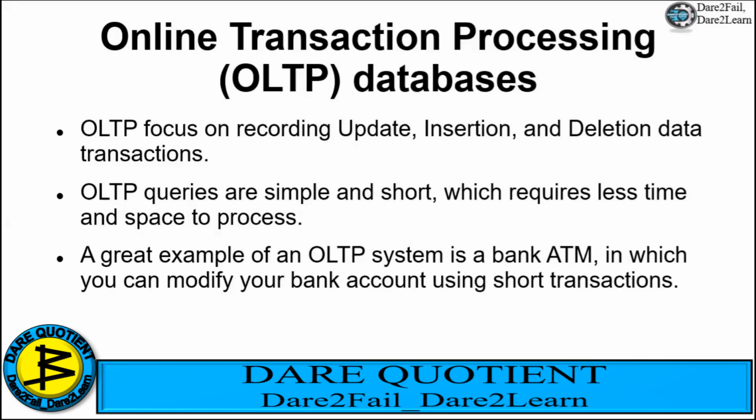So let's say you perform a transaction at location A. By the time you finish the transaction and move, and let's say you go to location B, the transaction you conducted in location A would show up in location B. As you're performing the transaction in location A, it is being updated instantly at location B. So that's an example of how OLTP is employed.